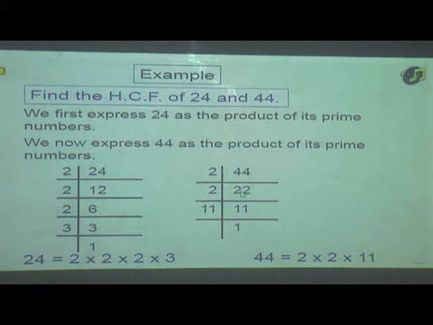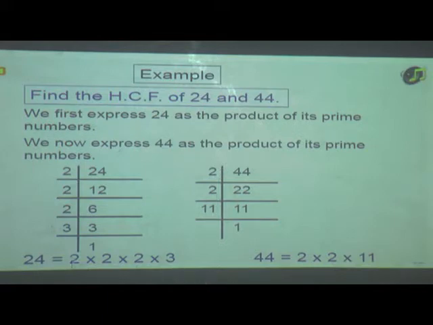Now we have 22. 2 ones are 2, again 2 ones are 2. We got 11. 11 is a prime number itself and it is divisible by 11 only. So 11 ones are 11. Now we got all the prime factors of 44, that are 2, 2 and 11.